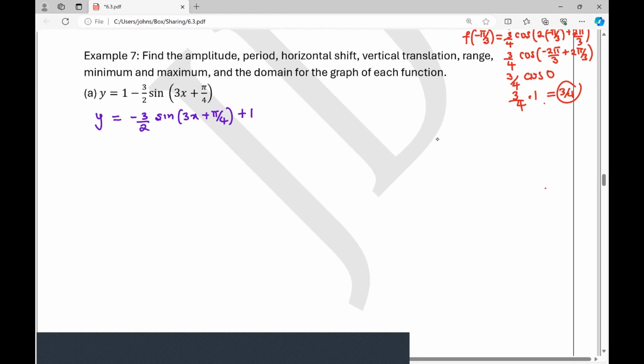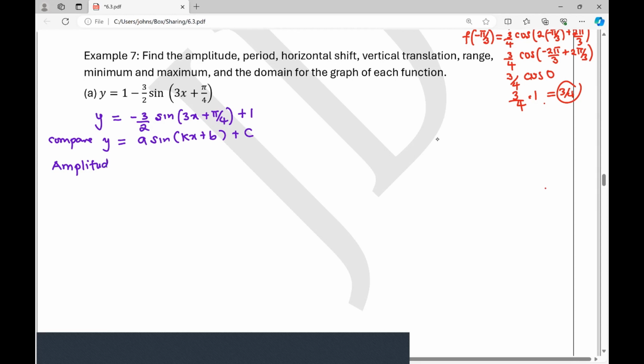So now we're going to compare with y equals a sine of kx plus b, plus c, right? So you can see, then we can start getting our parameters.